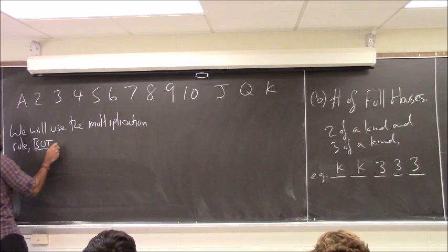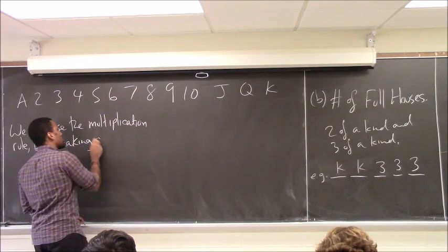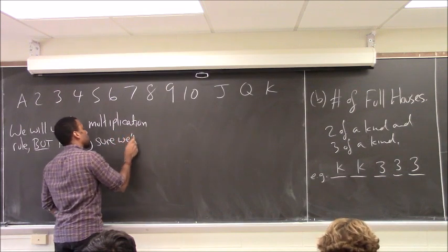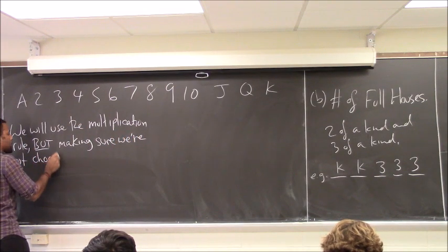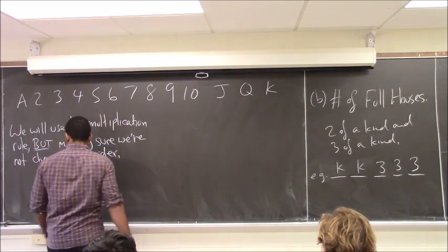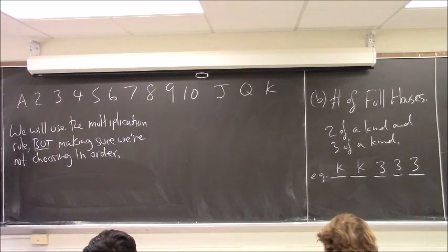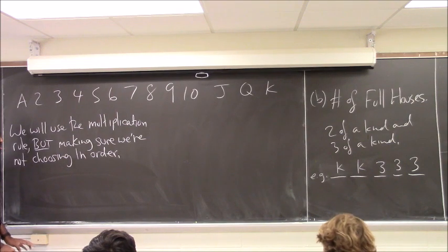But making sure we're not choosing in such a way that order matters. So now, when it comes to that, we are going to want to dissect things, but you're not necessarily thinking of them as coming one before the other.